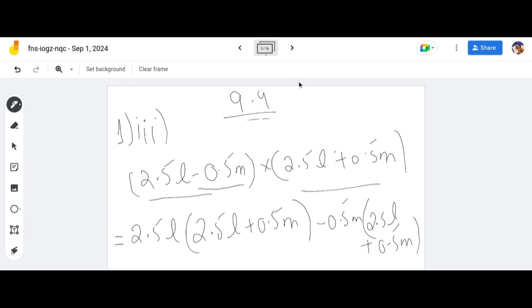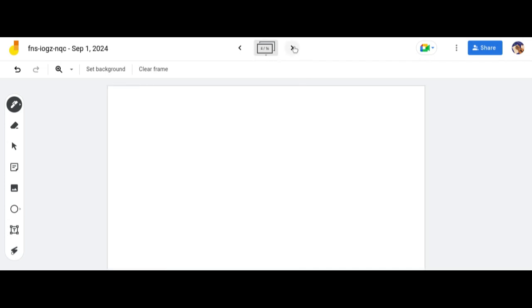Can you give me the complete answer of 2.5 into 2.5? I think it will give us 6.5, isn't it? 6.25. 6.25 L square.